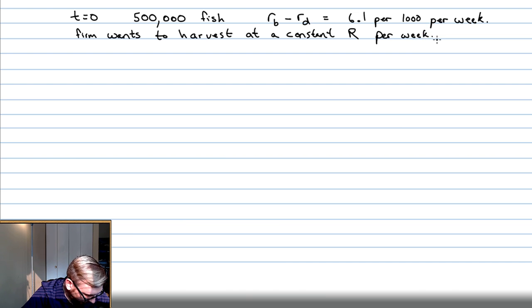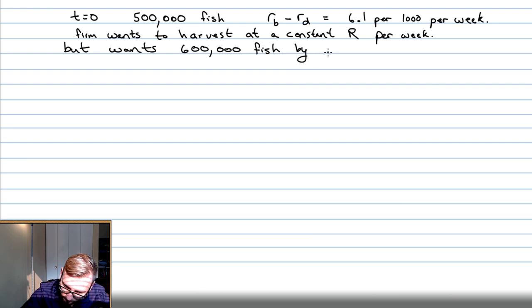But it also wants to increase the population to about 600,000 fish by the end of the year. Find the appropriate harvest rate R. Find R. This makes a lot of sense in what you might find in a trade question.